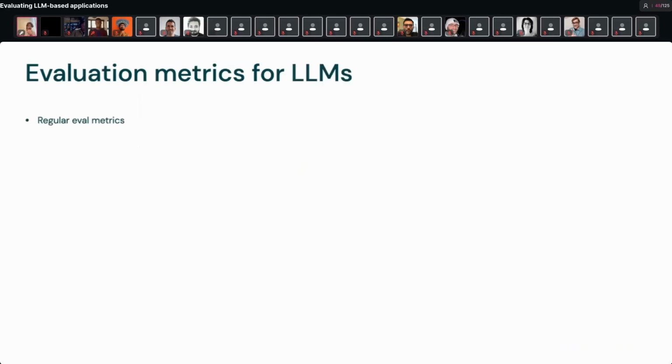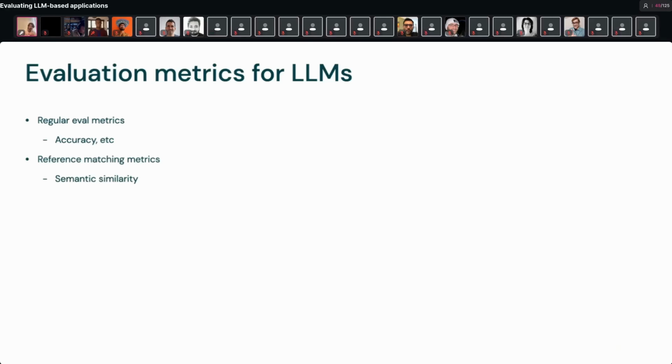So to expand on this a little bit, you've got your normal machine learning evaluation metrics. Then you've got some metrics for matching a reference score. The context here is you have an example correct answer from a human, and then you have an example that's generated by your model.